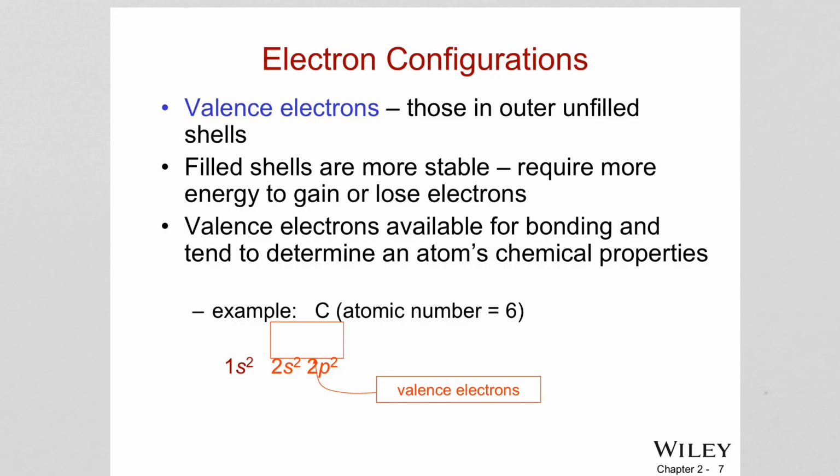That means their outermost shell is completely filled with electrons, and those are noble elements such as neon, argon. They are inert and chemically unreactive. And some atoms have unfilled valence shells and want to gain or lose electrons to achieve that stable, noble gas configuration. And this is basically the basis for atomic bonding.